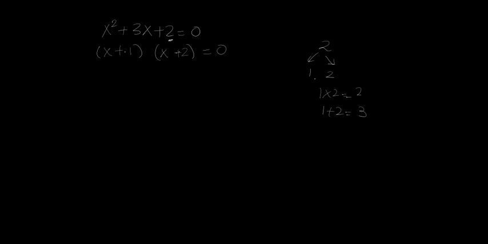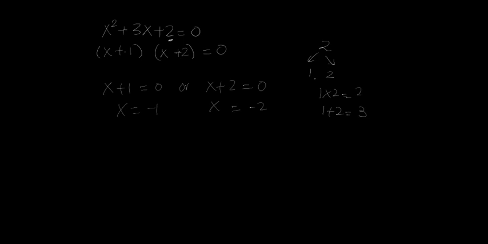So this will be the factorized form of x squared plus 3x plus 2. And if you have to solve now, you write down x plus 1 equals 0 or x plus 2 equals 0. And then you try to make x the subject. So you get x equal to minus 1 and x is equal to minus 2.